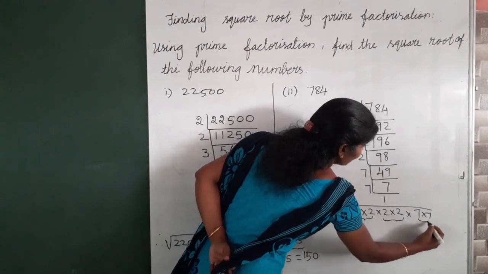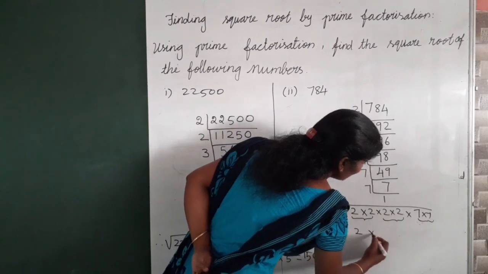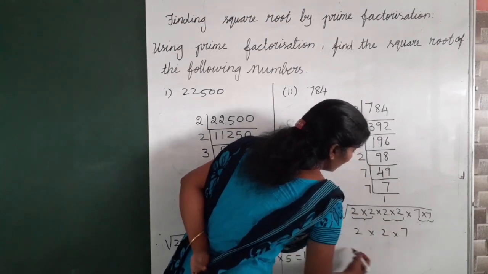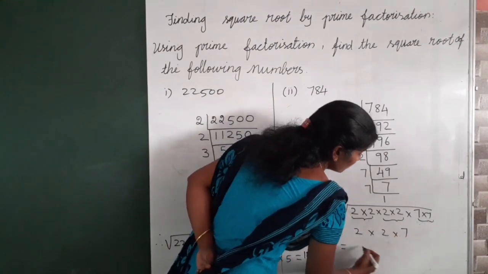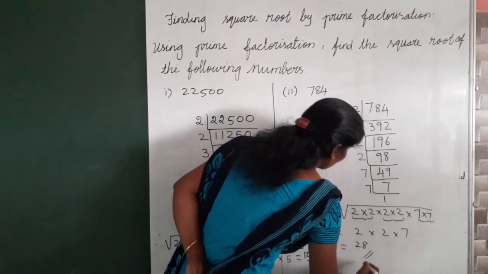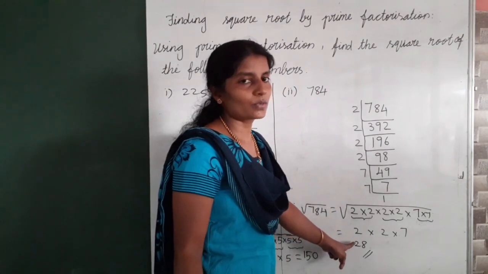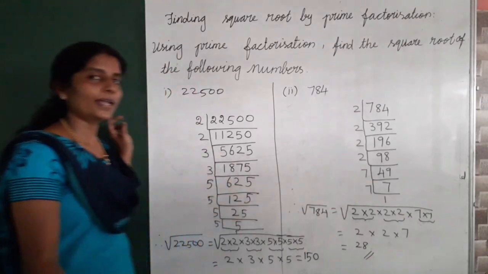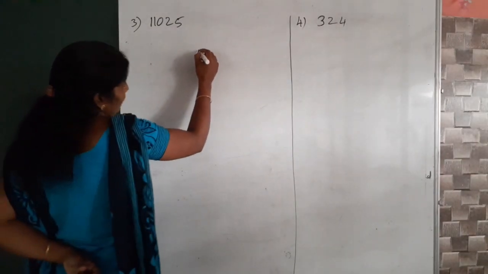So we got 2 into 7 into 2. What's the answer? 2 2s are 4, 7 4s are 28. What's the square root? The square root of 784 is equal to 28. Okay. Third question, 11,025.